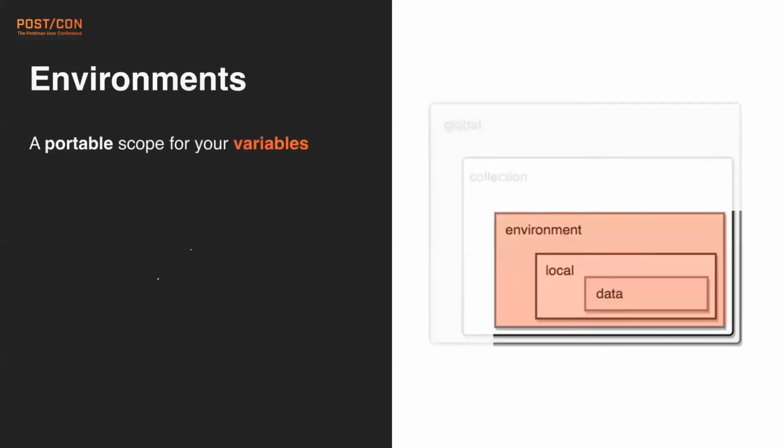Let's talk about environments. So environments are portable scopes. Basically, what we've been talking about are scopes. They're the range of access that you have to go and get different information. Environments are something that, and we'll show you in the app in just a second, you can select.